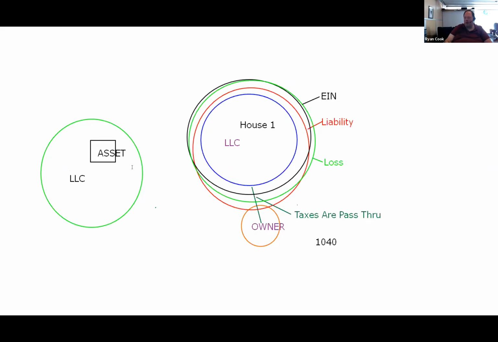Okay, if you have it that way, remember what the liability is. It remains within the LLC. Okay, where does the liability fall, and where do you get killed? Liability for all of that asset is right there, right?